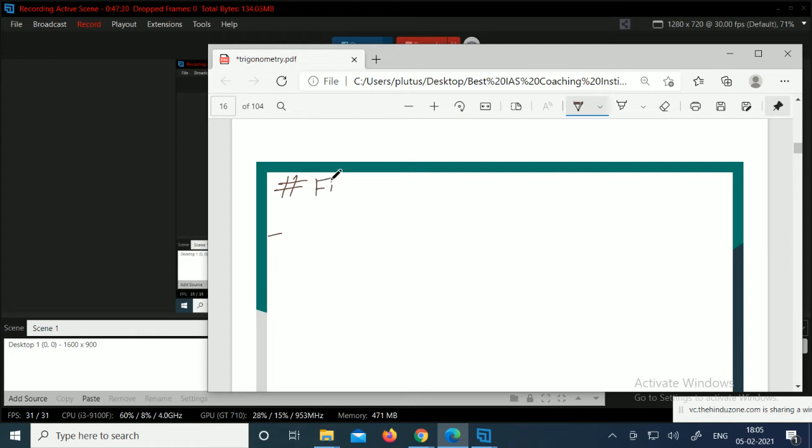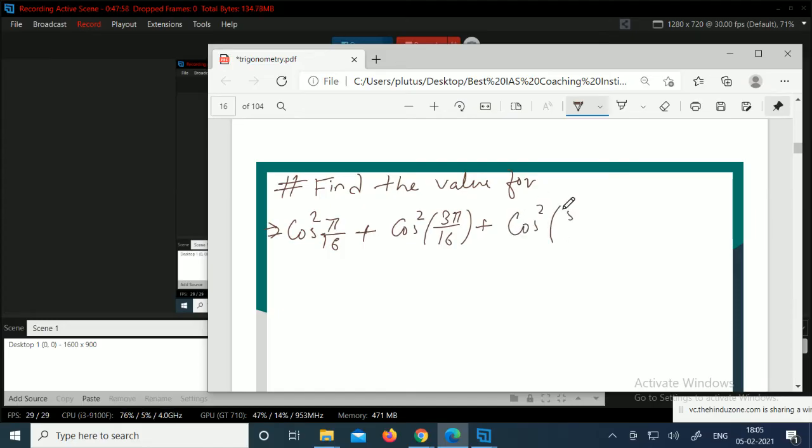Find the value of cos square pi by 16 plus cos square 3 pi by 16 plus cos square 5 pi by 16 plus cos square 7 pi by 16. Try to solve this question.